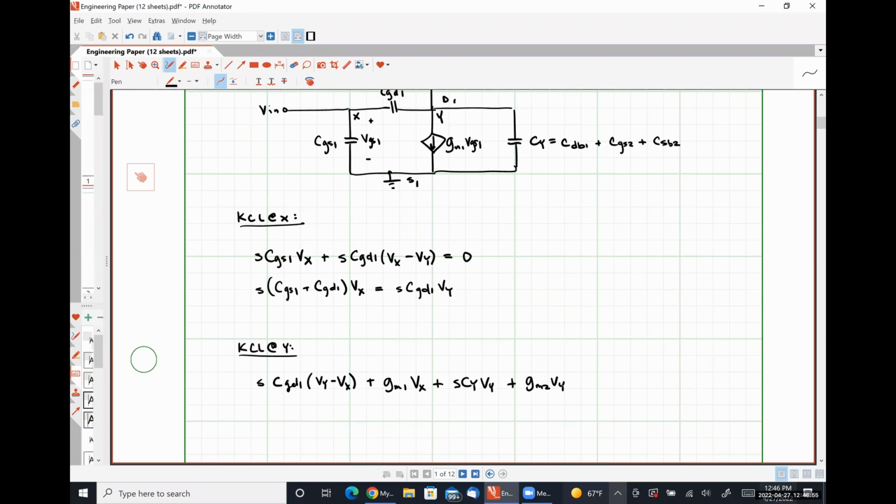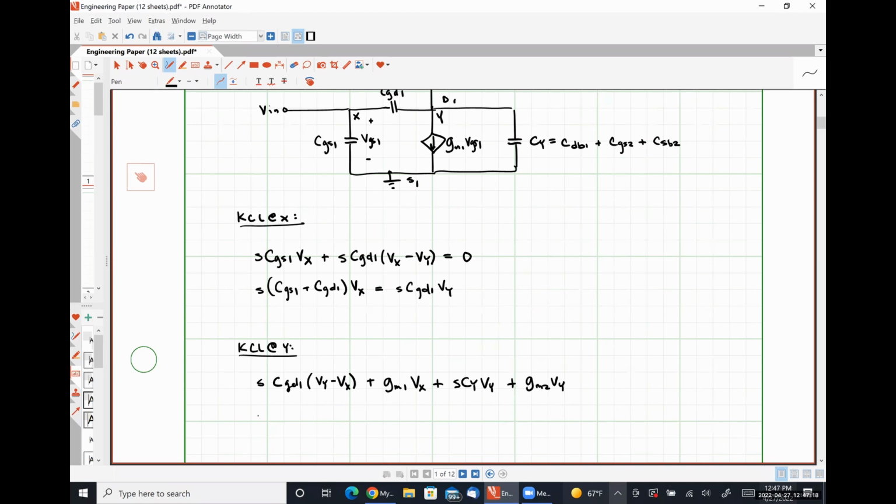And we're going to group things up here as well, okay? So for my Vx bit, let's put the Vy stuff on the left-hand side.